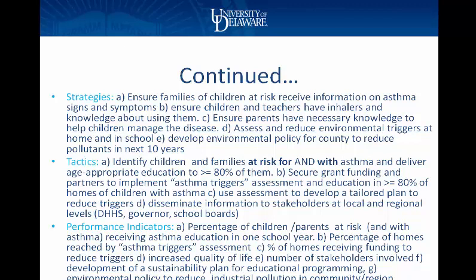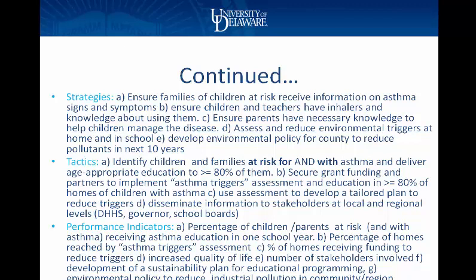Of course, you could also identify that living in a low socioeconomic community with chemical or other hazards in the community could also cause or exacerbate the problem, and that could be written up in your Lit Review, that you would need to change some sort of environmental policy. And so then finally E, develop environmental policies for the county, the township, the state to reduce pollutants in the next 10 years, which is going to help everybody, not just those at risk right now.